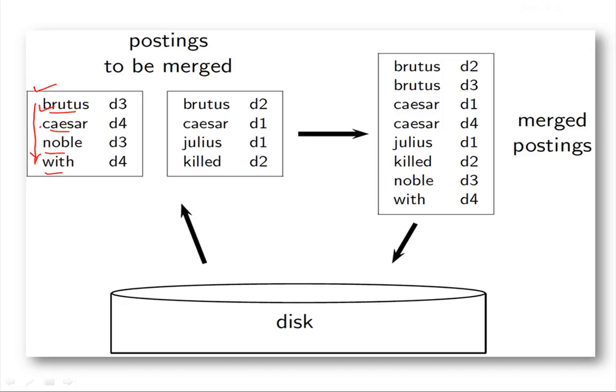So first we will sort these entries according to the term, and then we will take another block and sort it, and the next task is to merge them. So here, Brutus occurs in documents D3 and D2.